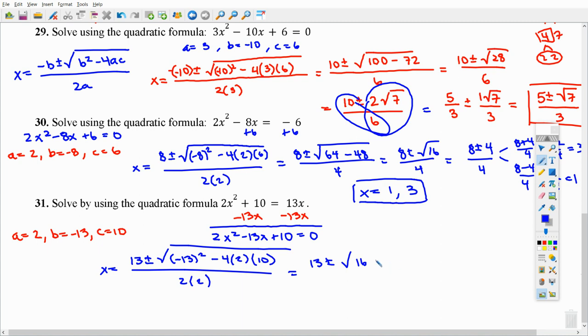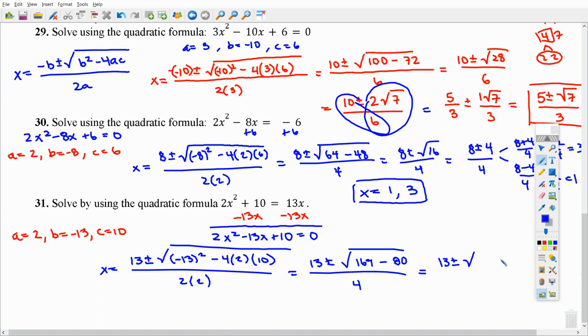If you don't know what 13 squared is, you get 169. 4 times 2 times 10, you get 80. And then 2 times 2 is 4. So here what you get is 13 plus or minus the square root. Did I do that right? Minus 80.